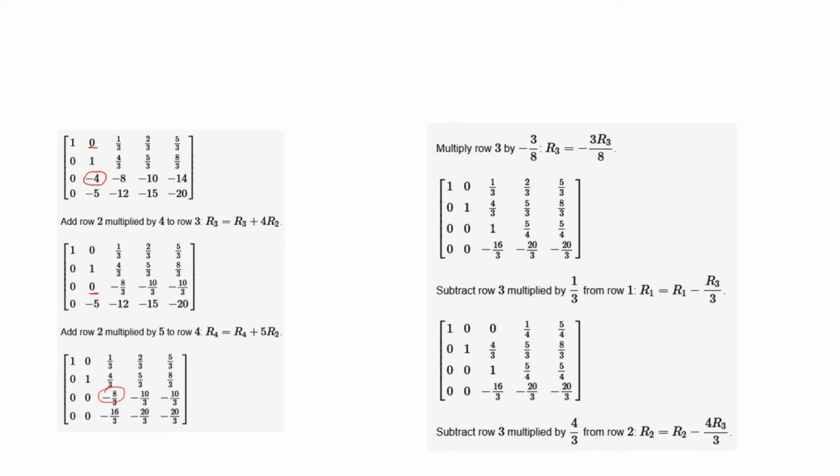So now that we have this as a 1, we can eliminate this one right here, make it a 0, since we want to get into row reduced echelon form. And when we have this as a 0, we can work our way down to get this as a 0. So we'll multiply 4/3 row 3 and then subtract it from row 2.